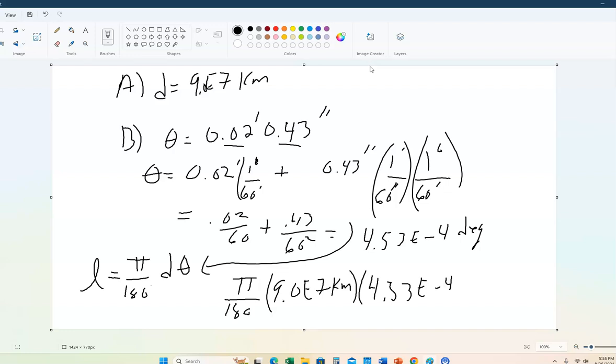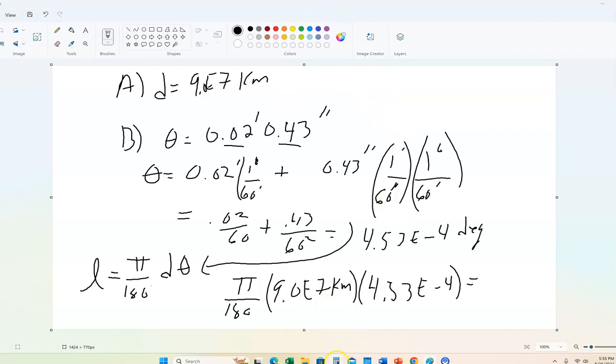It's in degrees, which it needs to be. Let's calculate what that is, and this is going to give us the size of the comet in kilometers.